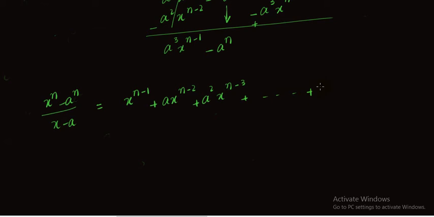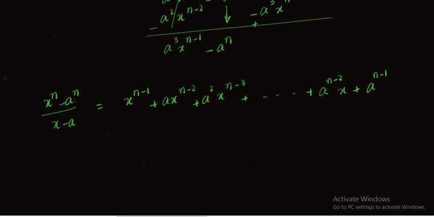Our second last term is a^(n-2) x, and the last term is a^(n-1).